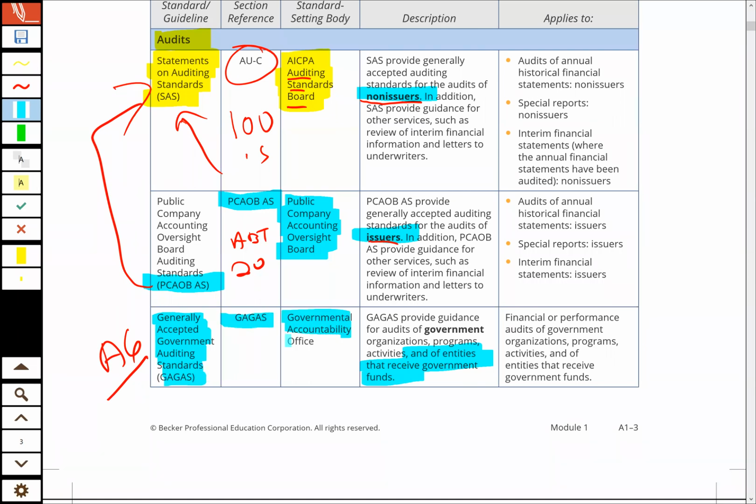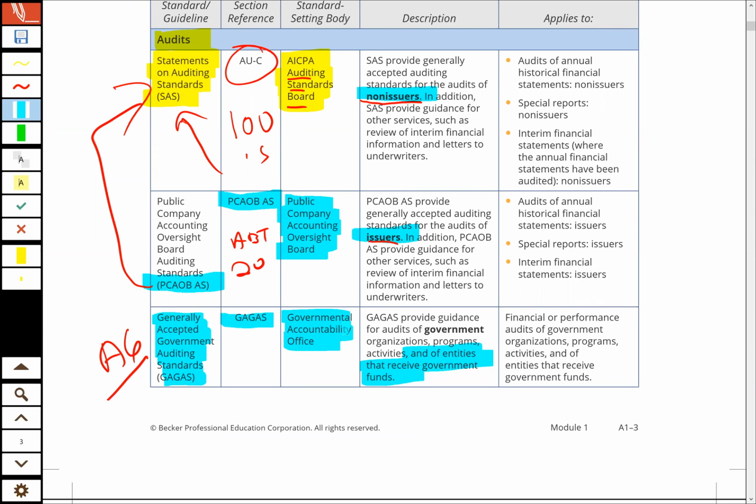Those are issued by the office that I worked for 26 years, the Government Accountability Office. It's a federal agency, reports to Congress, but they also write the auditing standards that are to be followed by entities who receive money from the federal government, which of course would be all federal agencies, but also state and local governments get money from the federal government.